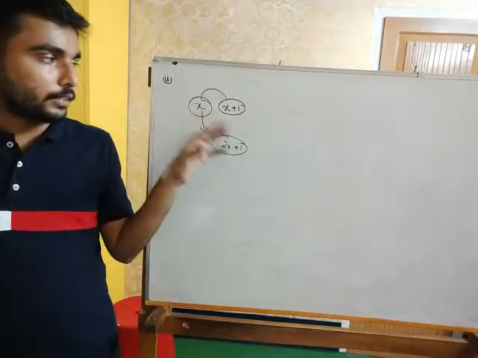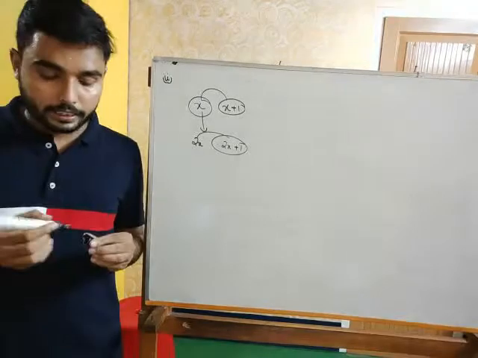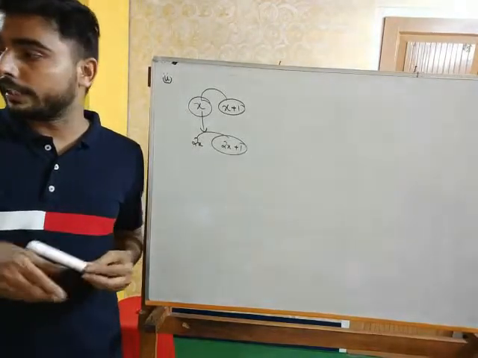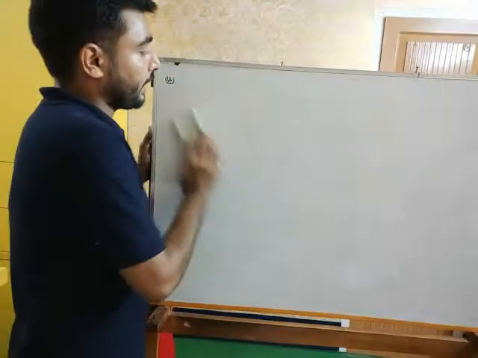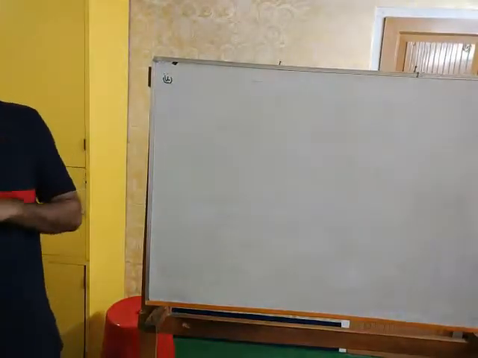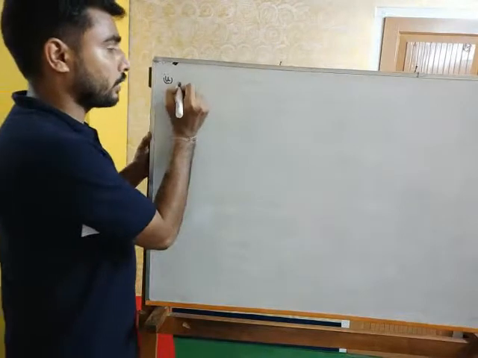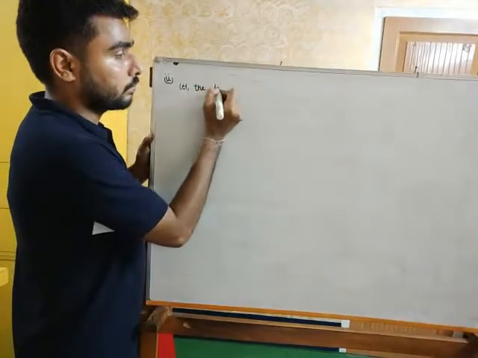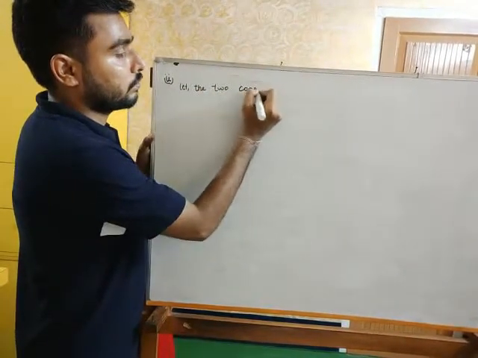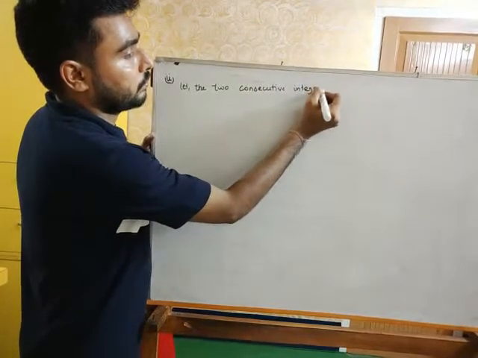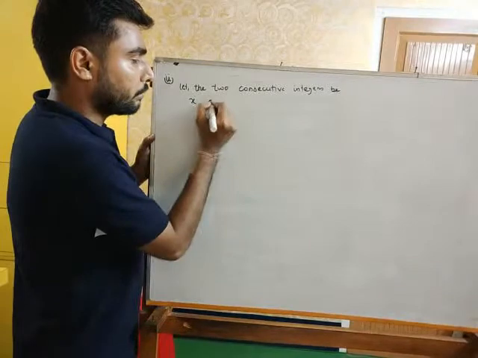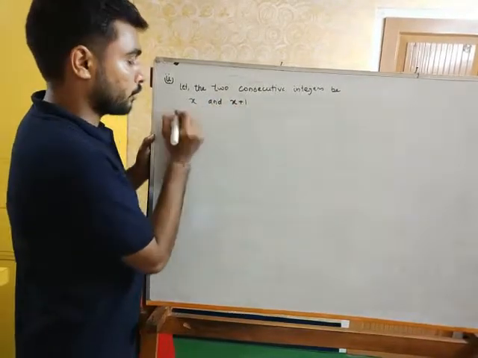So directly take x and x plus 1, because nothing is said about the integers whether they are positive, whether they are odd or even. Okay, so we'll write, let the two consecutive integers be x and x plus 1.